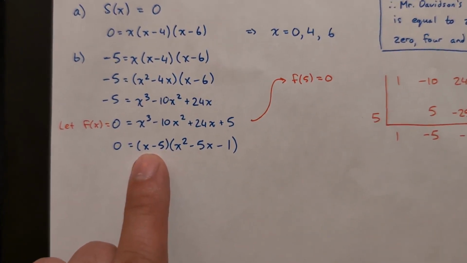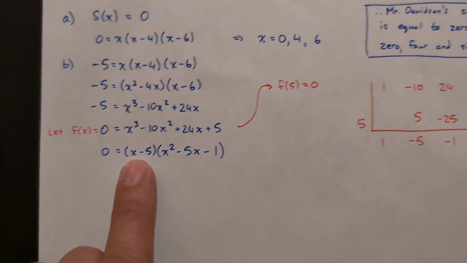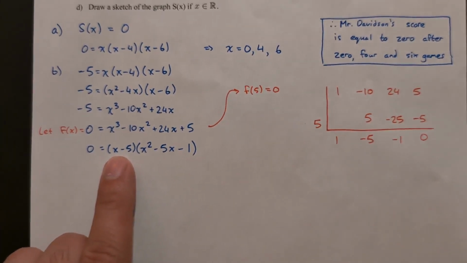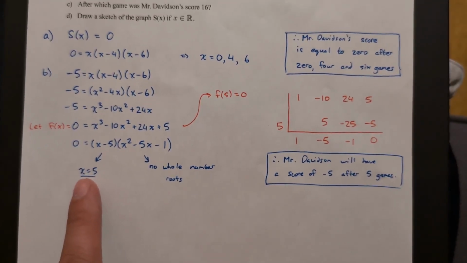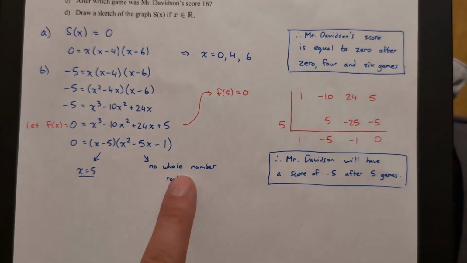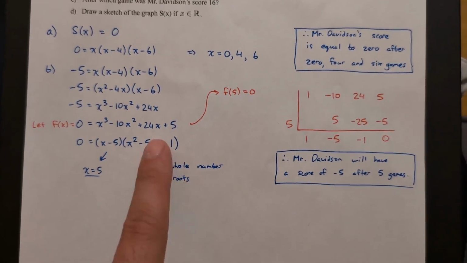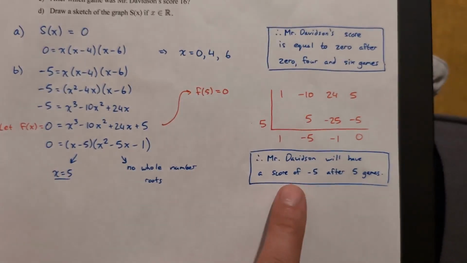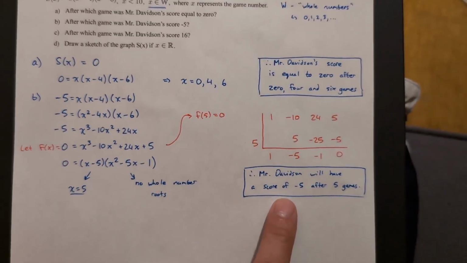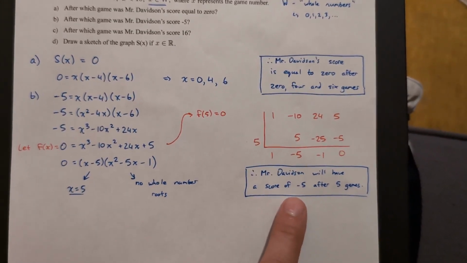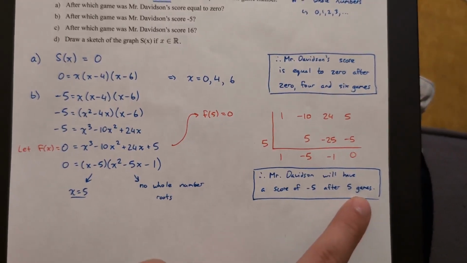So we can just look at our first bracket here. We're only going to get an answer of x equals 5 because we had no whole number roots from this equation. And so we can answer this part B by saying Mr. Davidson will have a score of -5 after 5 games.